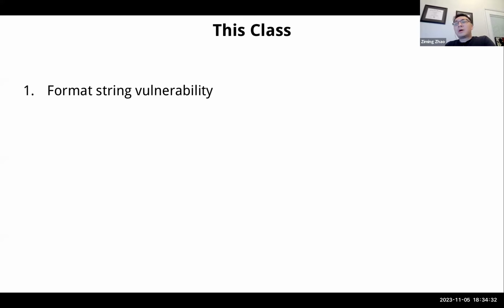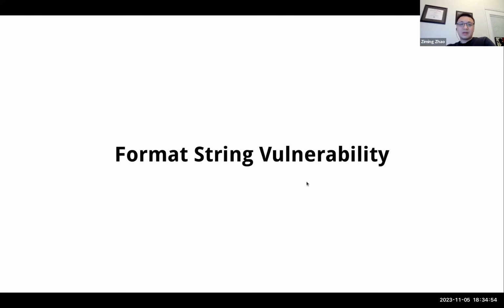Now we are going to move a little bit faster. Every week we will talk about a new topic, and some of the topics are more difficult than buffer overflow, but because of that, they are also more fun. The topic we are going to talk about is called format string vulnerability.